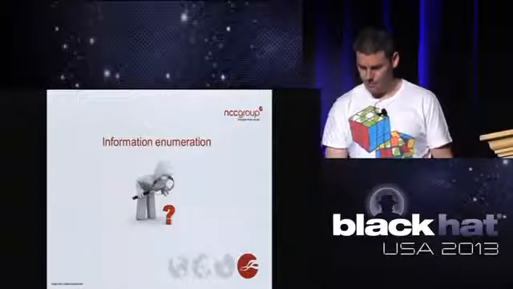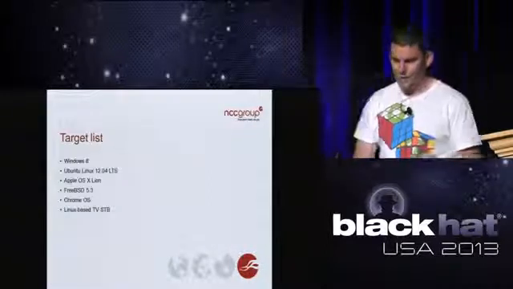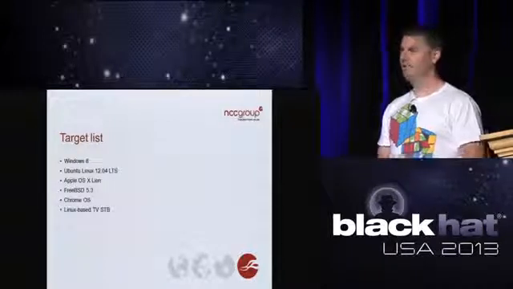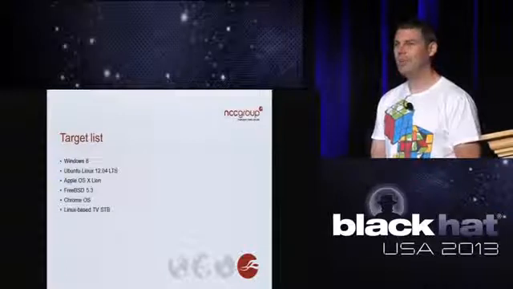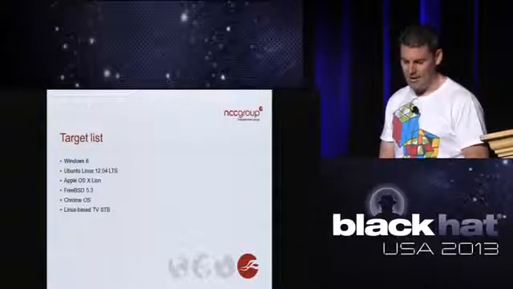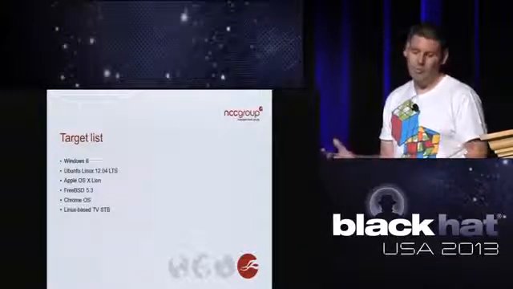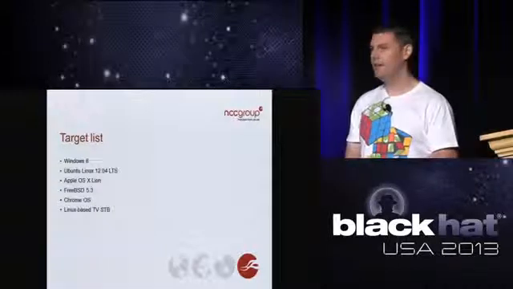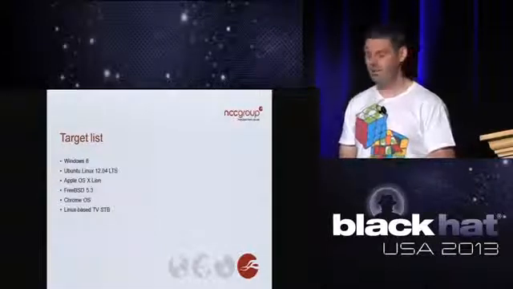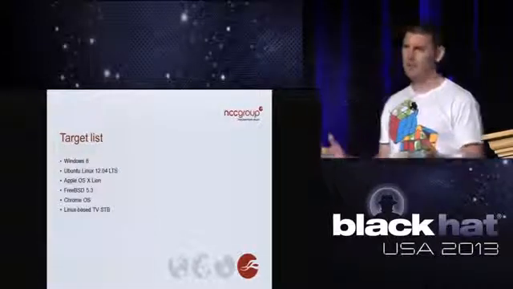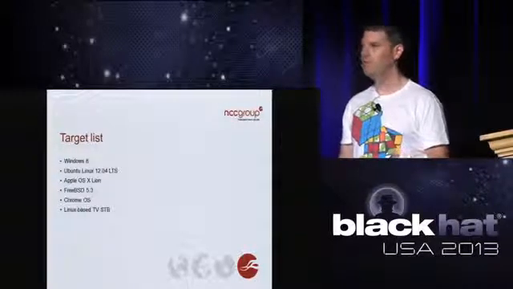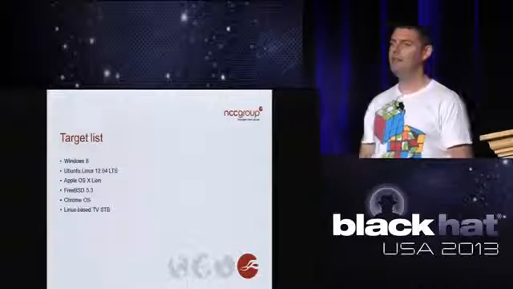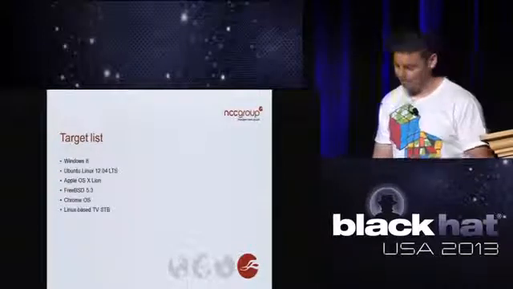So, enumerating information. The target list wasn't in any way carefully thought out. It was the machines that I had available to me in my lab. I was initially just interested to find out if there were any differences in the way that these stacks processed USB information during the enumeration phase and during class-specific communication.